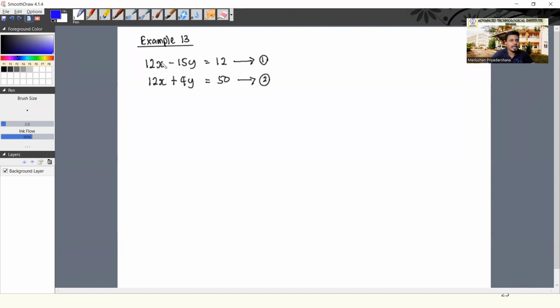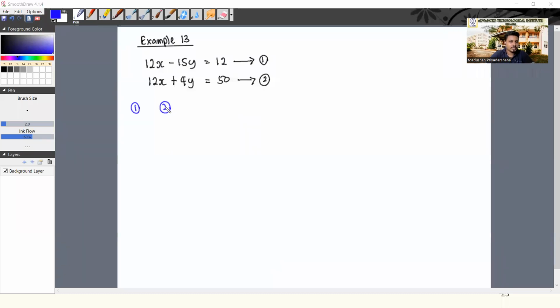Now we need to eliminate x. For that, what we need to do with equation number 1 and equation number 2? Do we need to deduct or do we need to add? Yes, you are getting these answers. Now y equals 2 and x equals 3.5. Right. Here, to eliminate x, what we need to do?